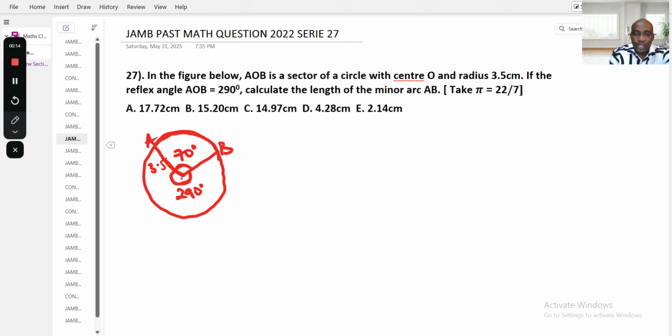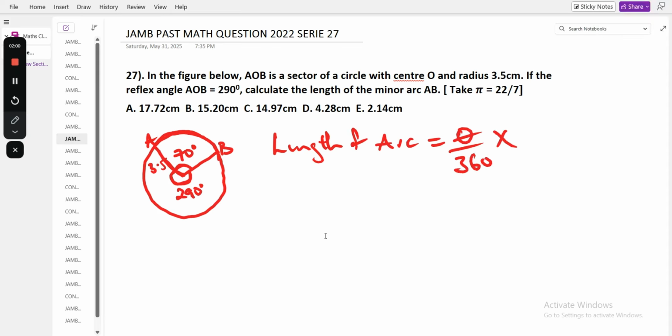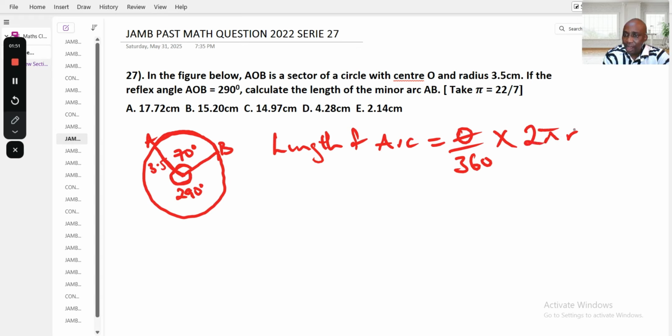Now let's look for the formula of length of arc. The length of arc, the formula is this. We are going to multiply with the circumference of a circle. What is the circumference of a circle? It is 2 pi r.